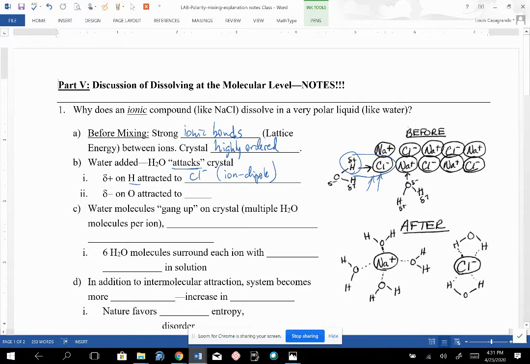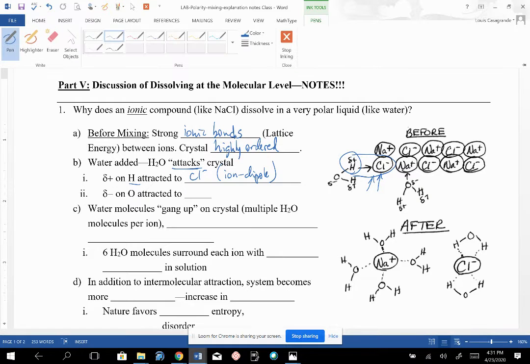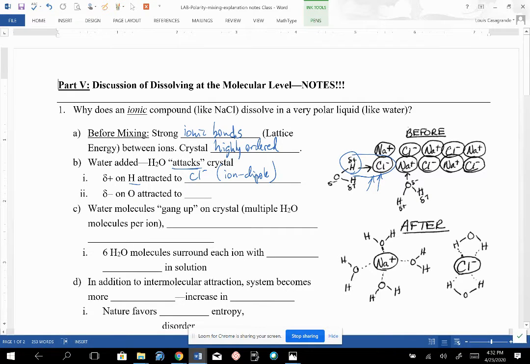Likewise, the delta minus on the oxygen is attracted to the positive on the sodium. By the way, this is a stronger attraction because it's a full charge. So this is actually a stronger attraction than a dipole-dipole attraction.